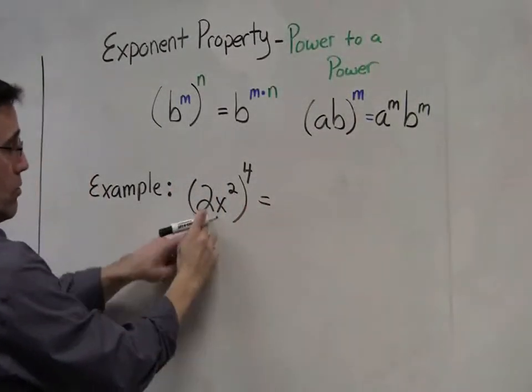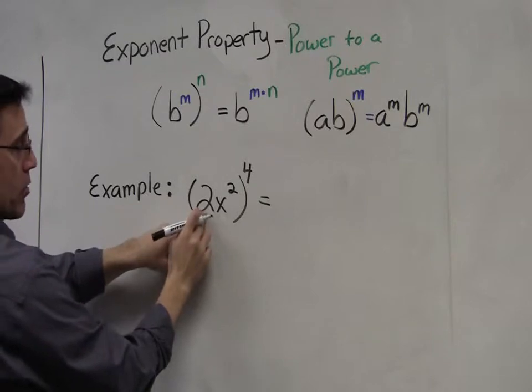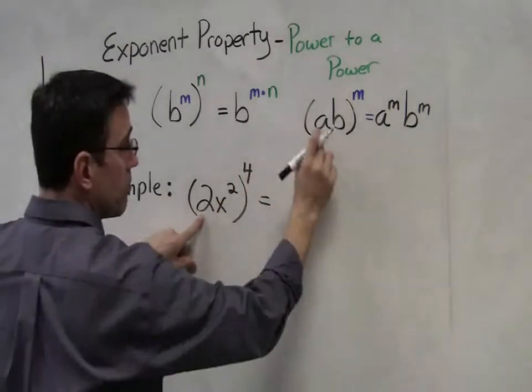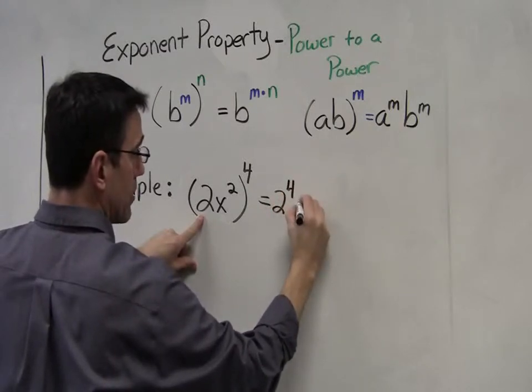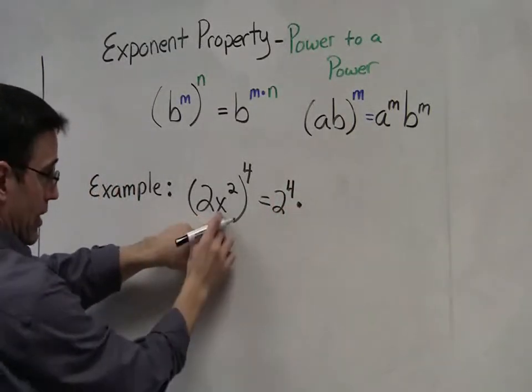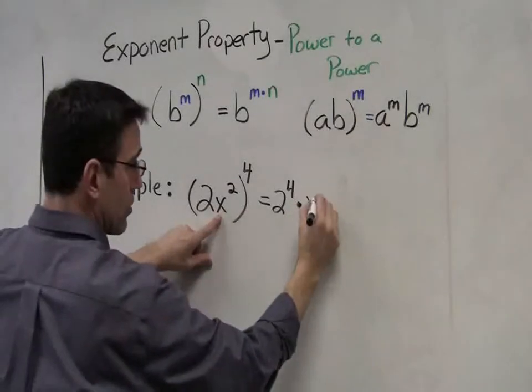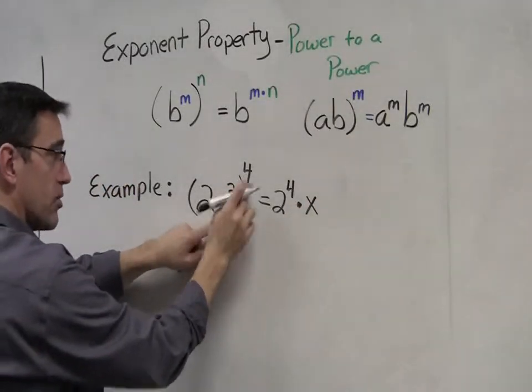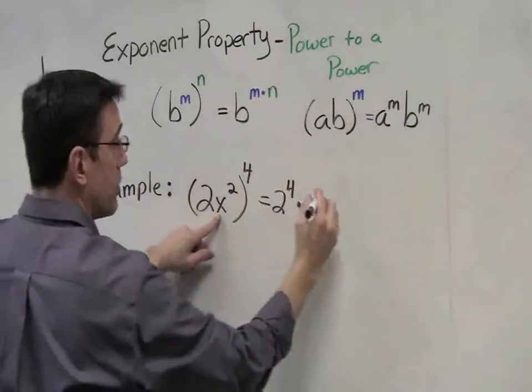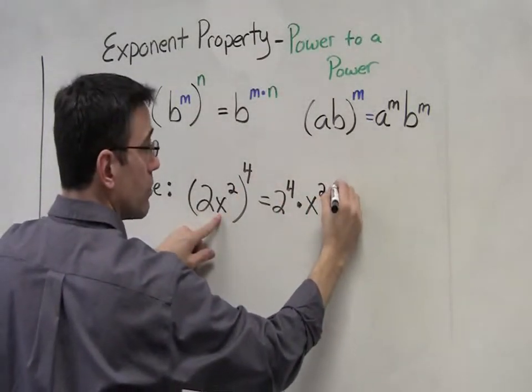So I've got a 2, an integer here. I'm going to raise that 2 to the 4th power based on this idea here. So I take the 2 raised to the 4th power times. Now I've got a variable, x. Now this guy's raised to a power, so this was raised to the power of 2. Well, I'm raising the power of 2 to yet another power, so I'm going to use this idea of multiplication. So 2 times 4.